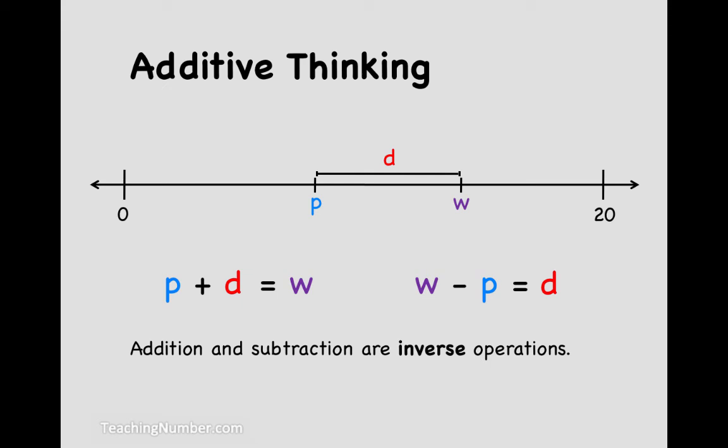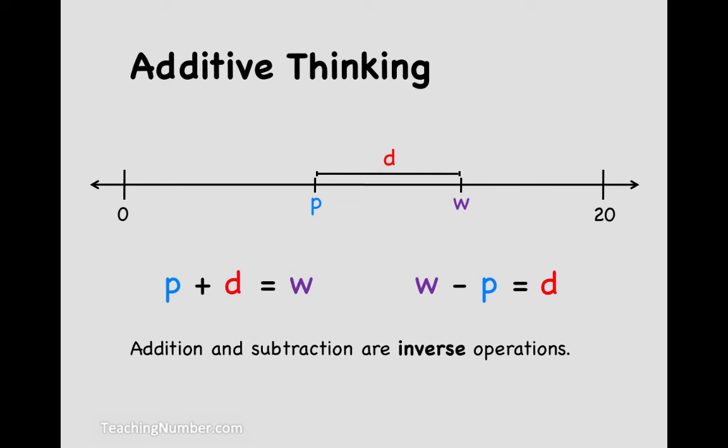You will probably hear people say that inverse means opposite, that addition and subtraction are opposite operations. But inverse does not really mean opposite. Inverse comes from the word invert, which literally means to turn something inside out. It's like if you're wearing a t-shirt and you take it off and turn it inside out and put it back on.